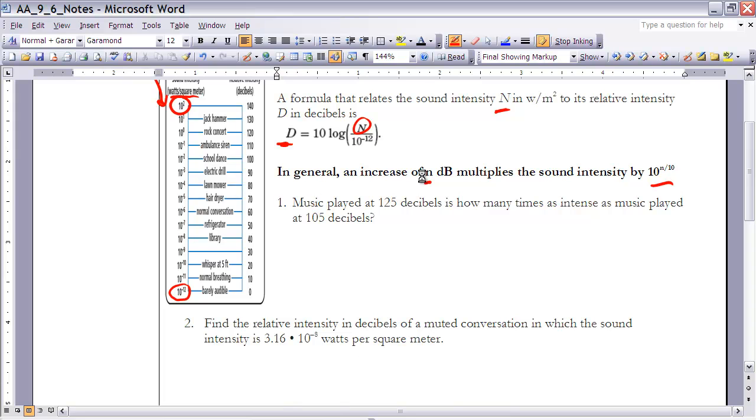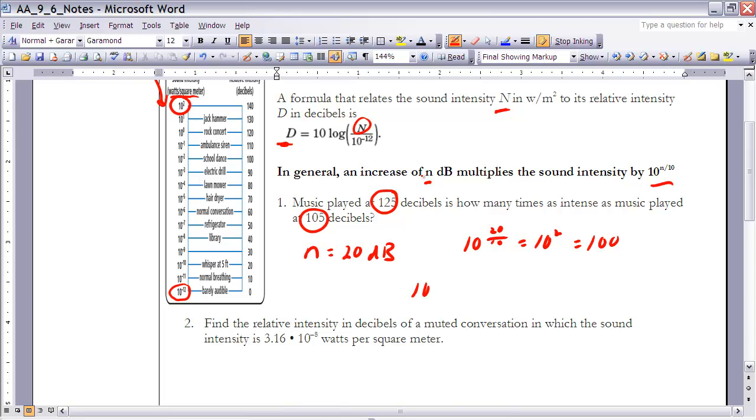So I'm going to look at the difference between our decibel levels, 125 and 105. That means it was an increase or difference of 20 decibels. So if that's what N is, to find how much more intense it is, I'm going to take 10 to the 20 over 10, which is equal to 10 to the second power, which is equal to 100.